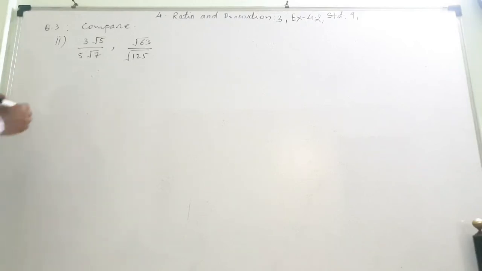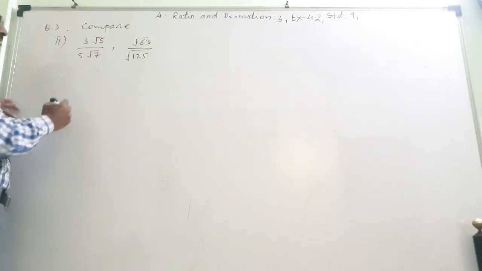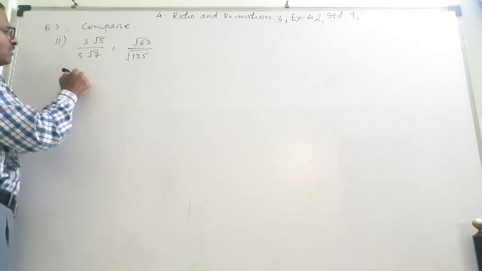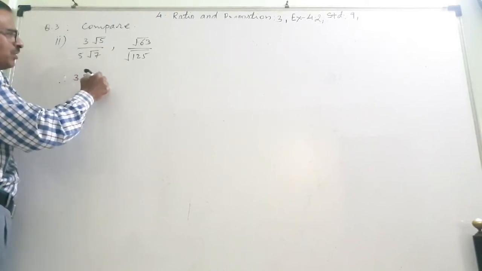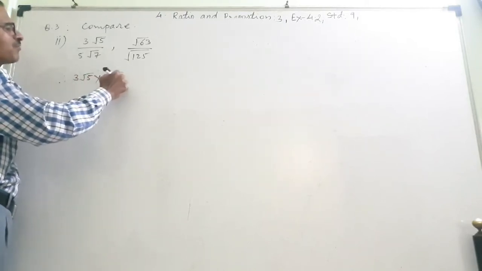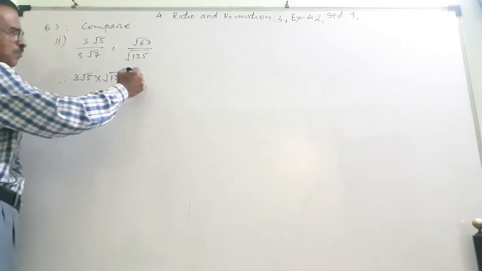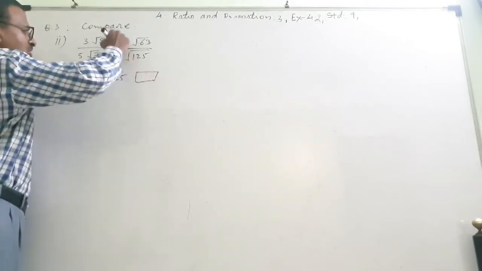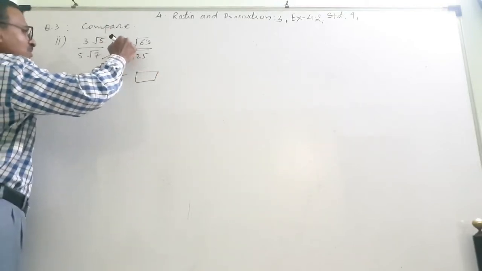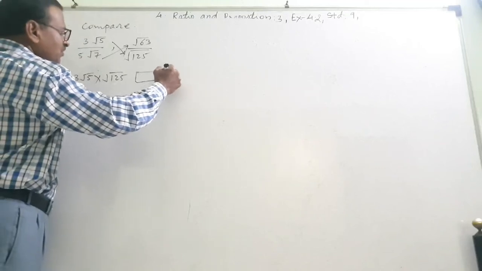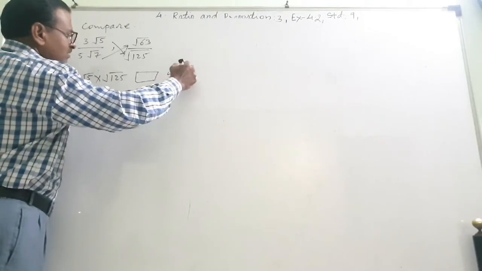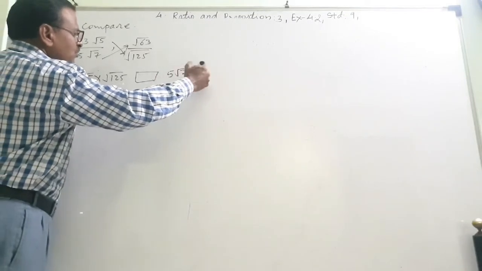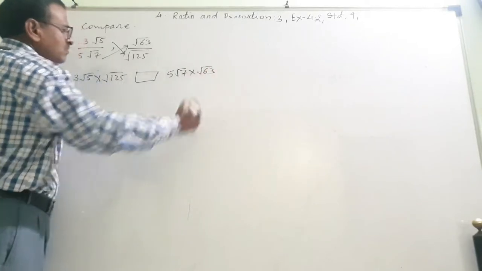I will do the cross multiplication. Therefore, 3 root 5 into root of 125. Box. This cross I have done. Now this cross multiplication: this is 5 root 7 into root 63.